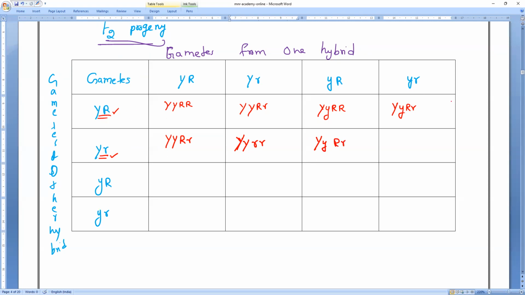Crossing, remember, like this, over 4. Just one with this, next one with this all. Then the third one, fourth one, over. Last one, capital Y, small y, small r, small r.